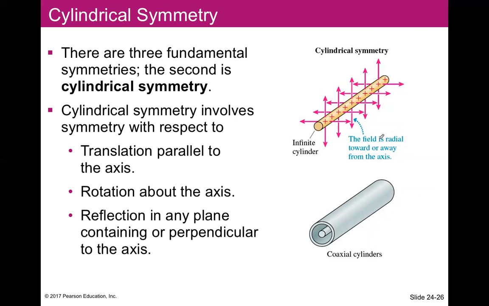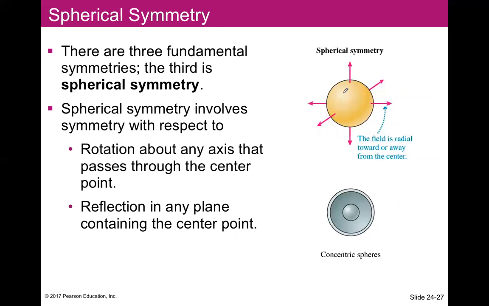For example, if you have this cylindrical distribution and you make a cut at any cross section which is perpendicular to the direction of the cylinder, and then you do the reflection, the electric field should be the same before and after the reflection.